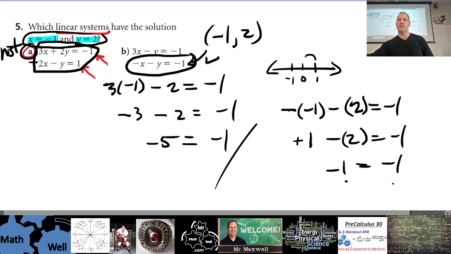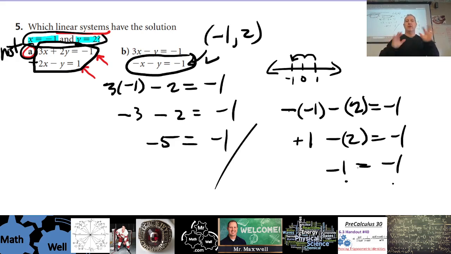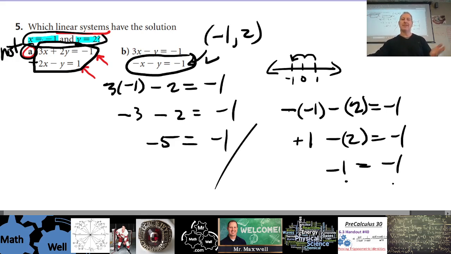If you start at +1 and you subtract 2, you get to -1. Yeah? Okay. Any other question about that? So A and B, those are not solutions, but any other questions about how I did that? Okay, so these x, y values have to satisfy both equations to be a solution to the system. Okay, all right, keep working.